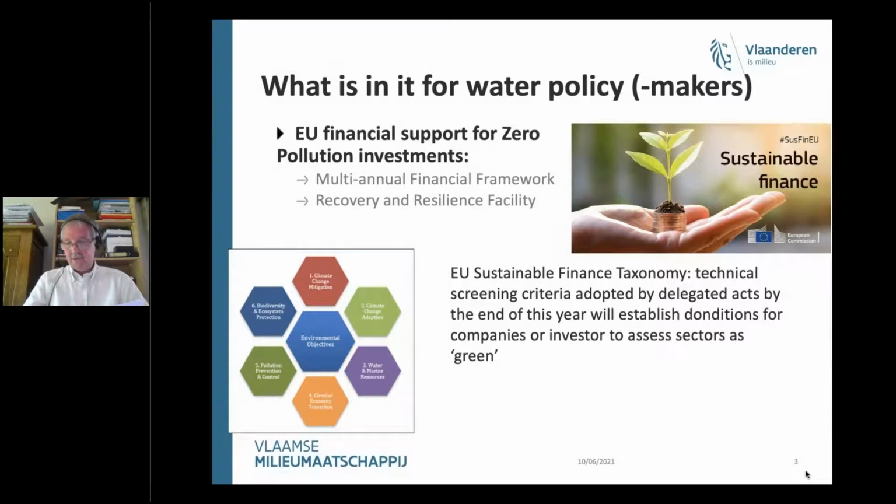I think these are, of course, very important instruments, but certainly for the recovery and resilience plans, Belgium has already proposed, Flanders also. There is the Blue Deal. It will be very difficult to enter new topics, for example, in the new Blue Deal at this moment.